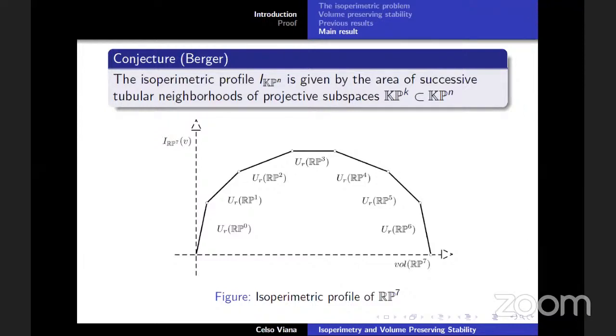And then you keep going in that order. So in that sense, we have the successivity property for the isoperimetric profile, right? In fact, we have a conjecture that this successivity property should be true in any projective space. For example, if you look at the complex projective space, you should also see a similar picture, okay?